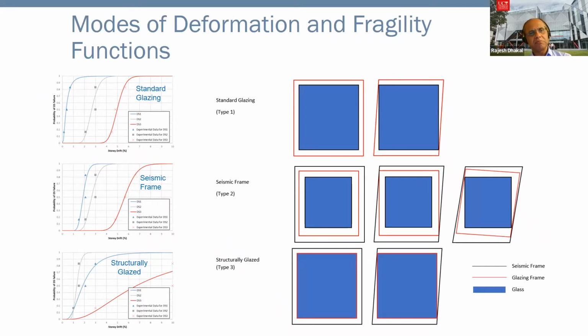There is a smaller difference between these different systems when it comes to the physical damage, the fragility for physical damage. But if you look at the difference in their performances, standard glazing versus seismic glazing, you could see a significant difference in terms of their water tightness or the water leakage.